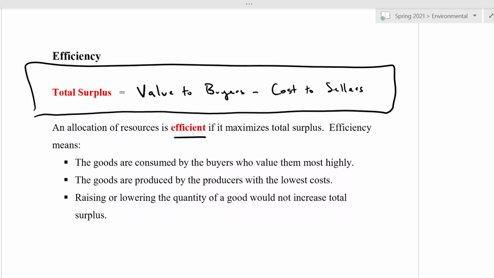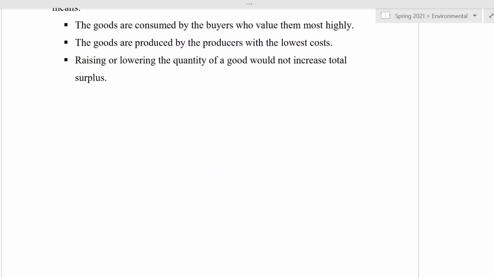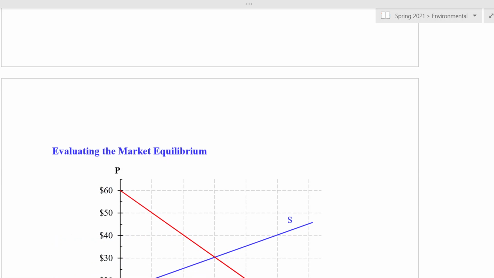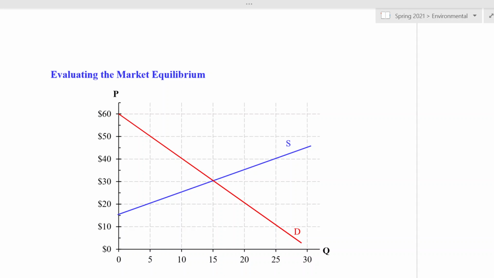So ultimately it means the goods are consumed by the buyers who value them the most highly. They're produced by the producers with the lowest costs. And raising or lowering the quantity of a good would not increase total surplus. So with this as our kind of framework, let's think about how efficient the market equilibrium is.